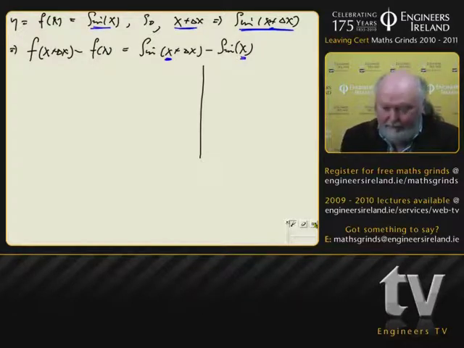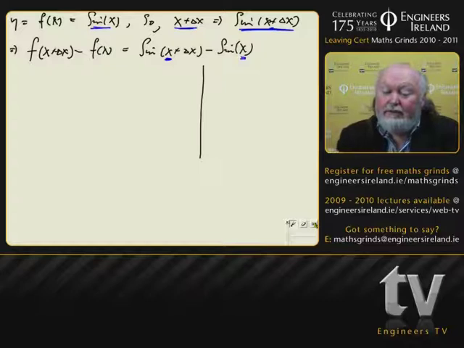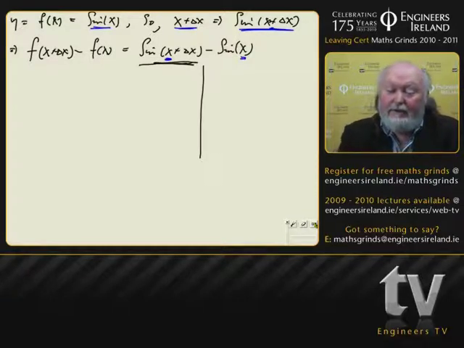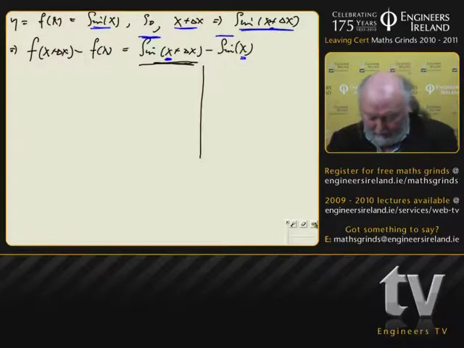And what we want to find is something that will allow us to break this thing up, and we're looking here at a sine minus a sine. So when you look down through these, you do actually find it.